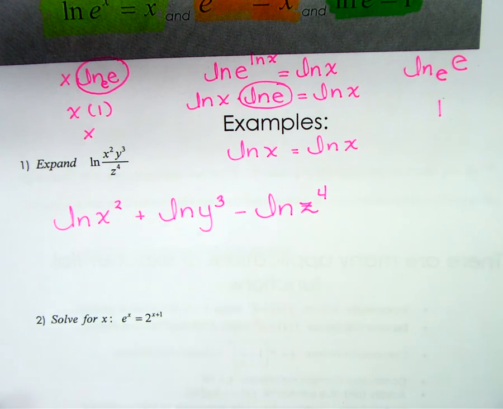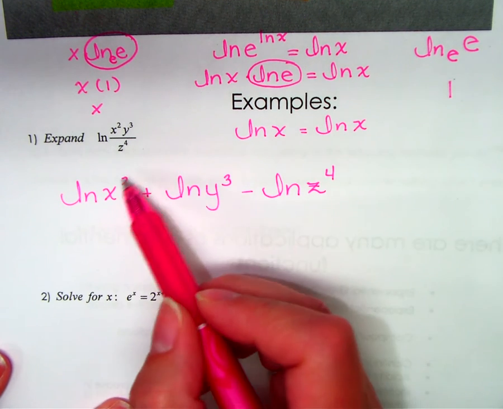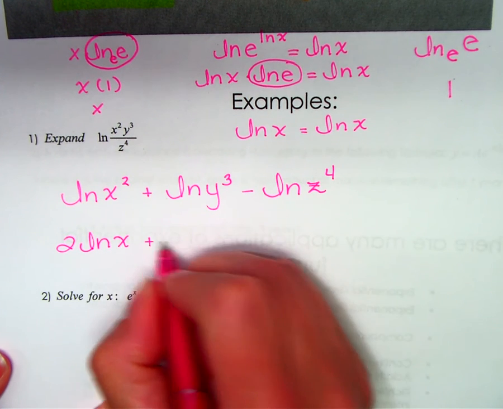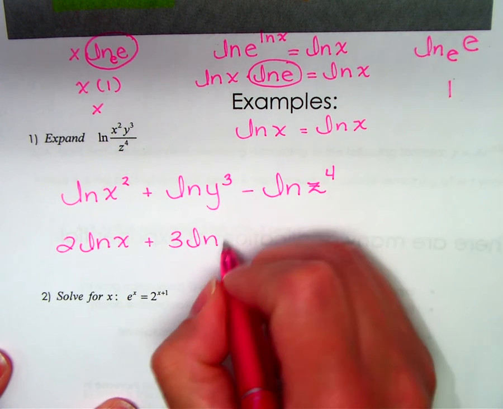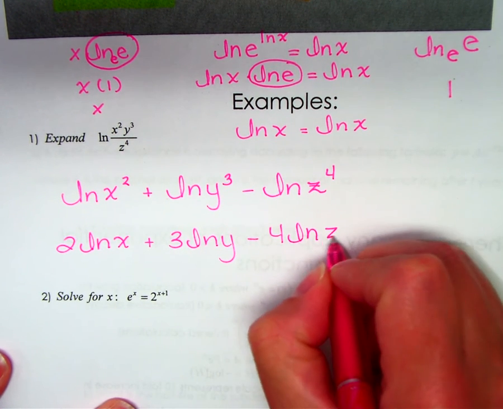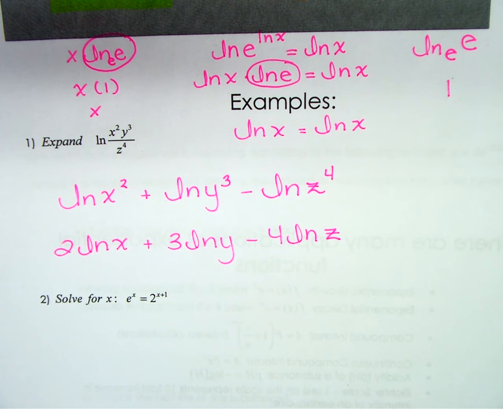E. I'm just saying it out loud. Now we're going to apply the power rule to this because we can't have exponents in our arguments. But if you slow down and think about it, it's the exact same rules we did in 8.3.